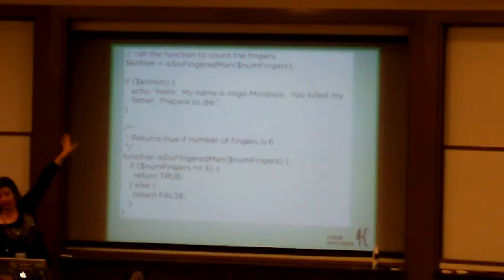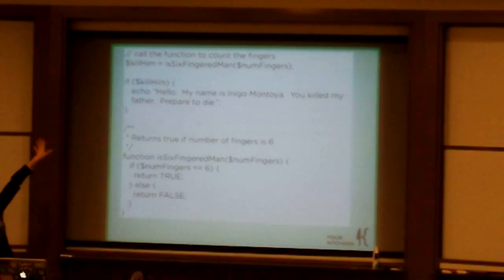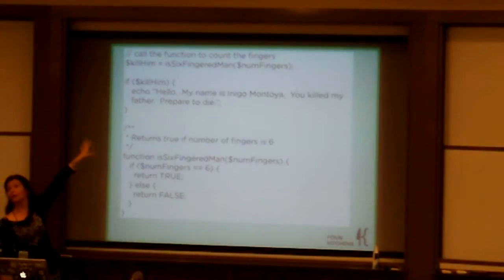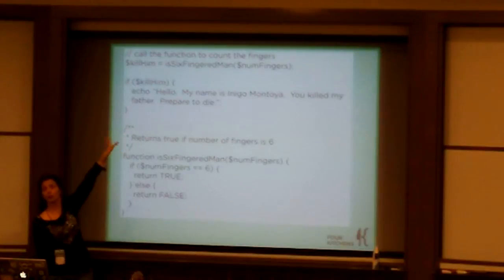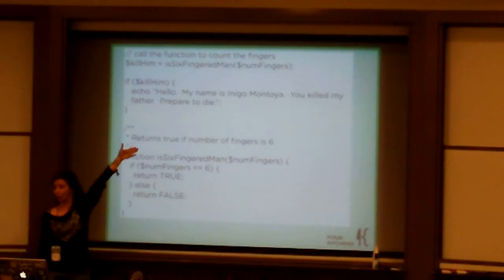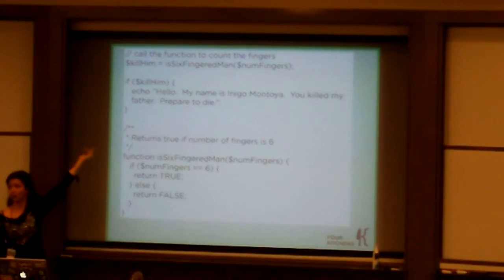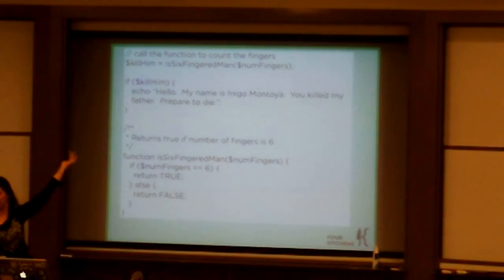So kill him, if it has 17 fingers, what will be the value in kill him? False. Don't kill him. So then when you say if kill him, this is short for saying if kill him equals true. You can say kill him equals false, but you don't have to in PHP. You can use a shorthand. If you're only looking for true or false, you only need the variable name.